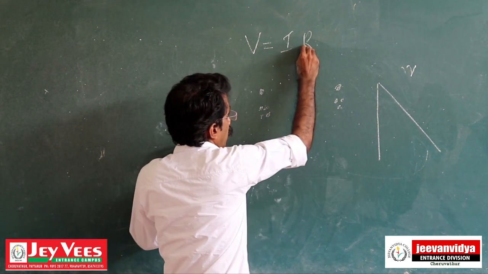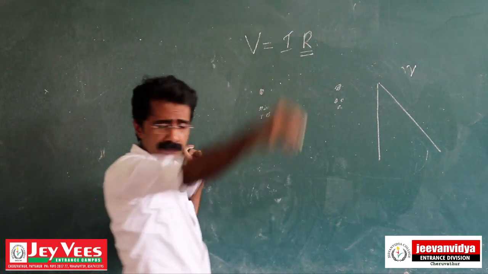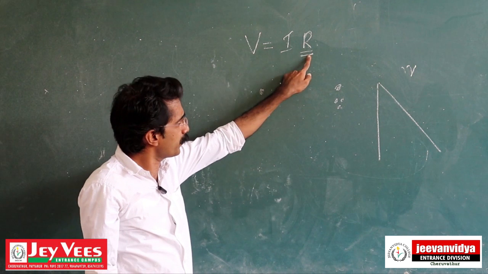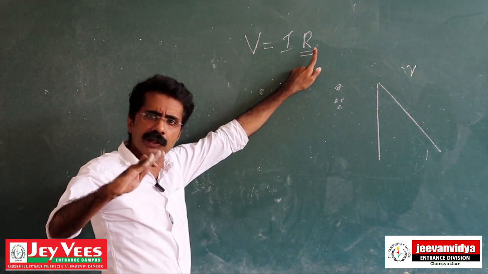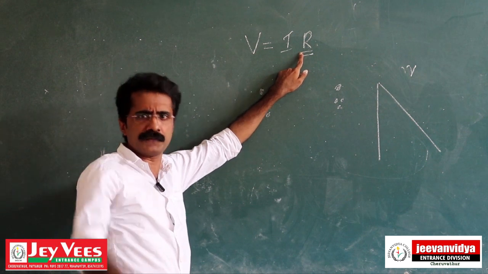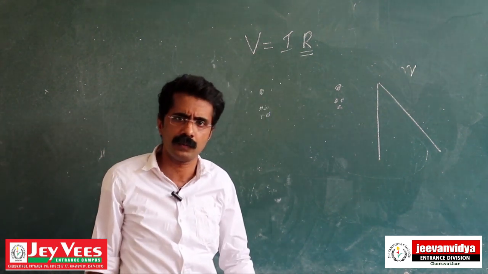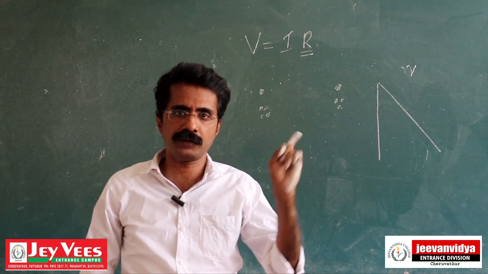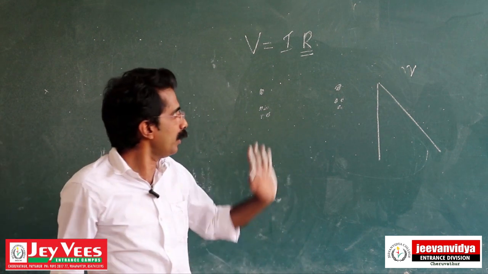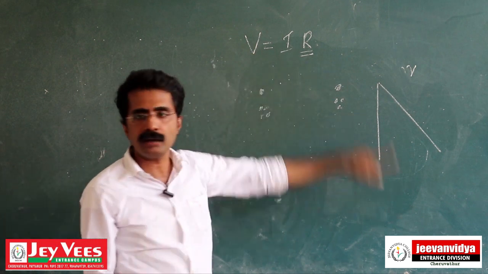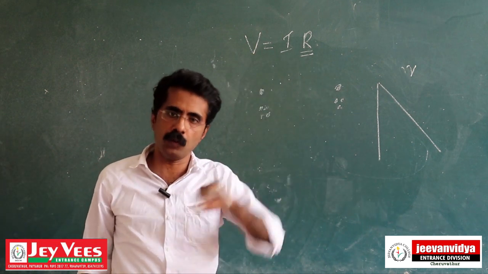There is a term R. R is the resistance. Something that opposes the flow of current is known as resistance. What is the unit of resistance? Ohm. The unit of resistance is Ohm. Okay. Then the formula V is equal to IR is obtained from Ohm's law.